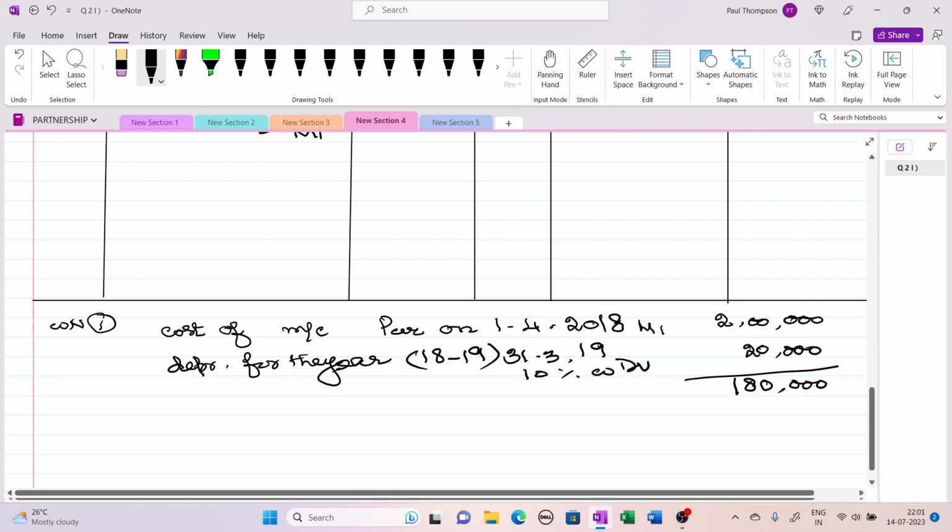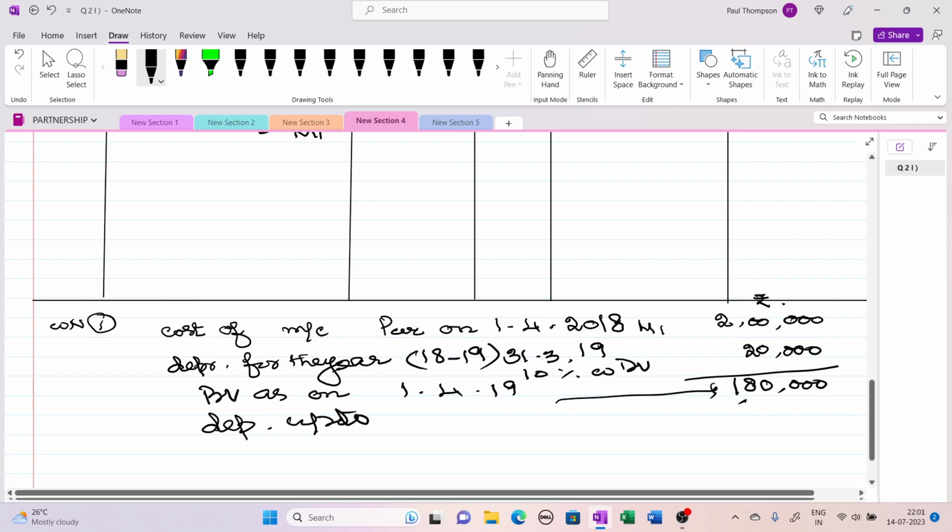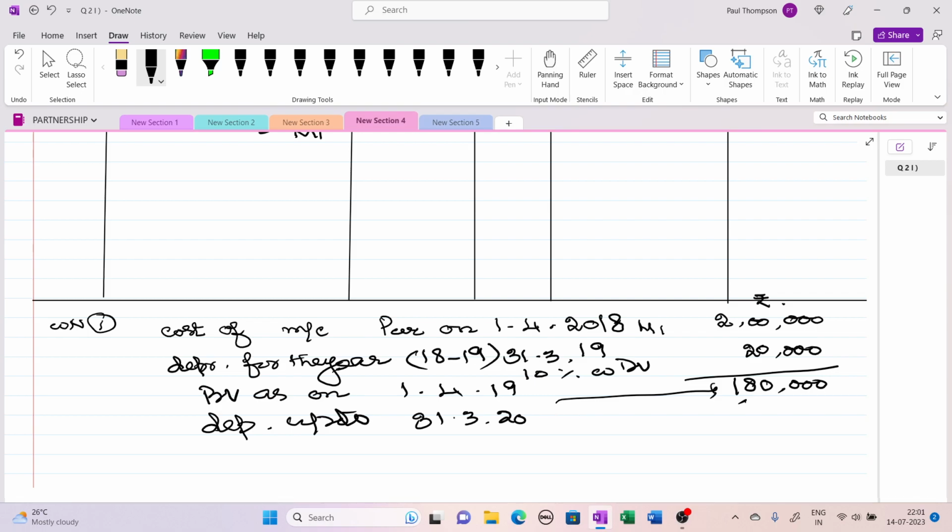So now the book value as on 1/4/2019 is 1,80,000. You can always write the book value as on 1/4/19 is rupees 1,80,000. Now we have to charge depreciation up to 31st March 20. Again it is 10% WDV, charged on 1,80,000.